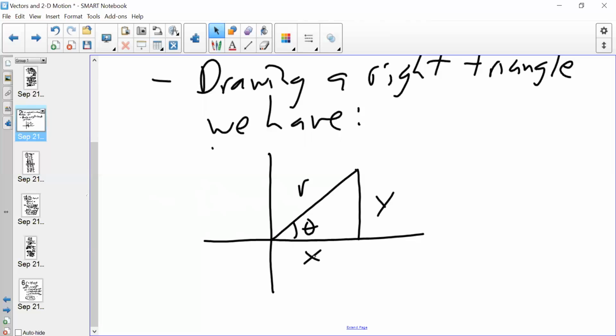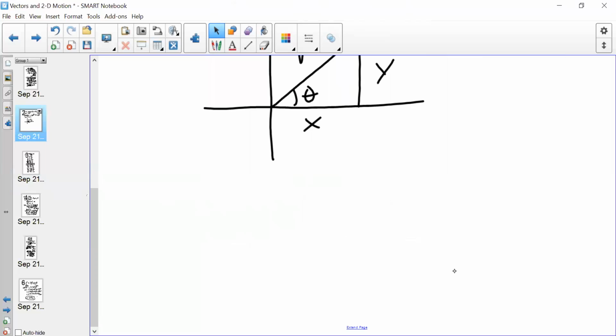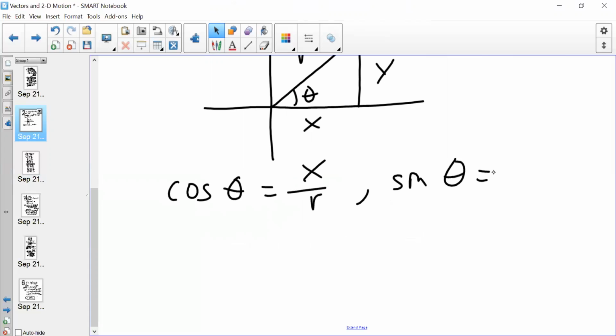Cosine, sine, tangent, and the inverses when needed. For example, cosine theta is adjacent over hypotenuse, so we have X over R, and sine theta is Y over R.